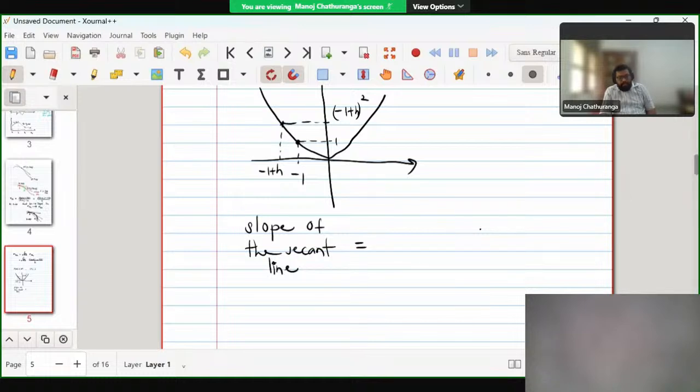The y coordinate difference: (-1 plus h) squared minus 1, divided by the x coordinate difference: -1 plus h minus the corresponding x coordinate, which is -1. So you can simplify this.